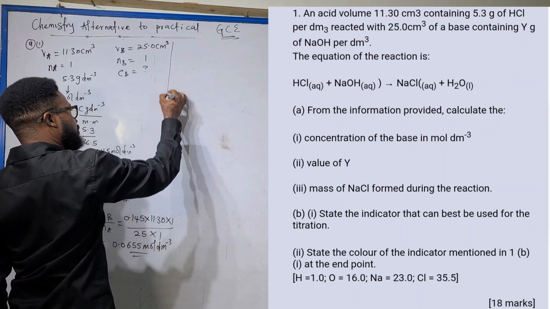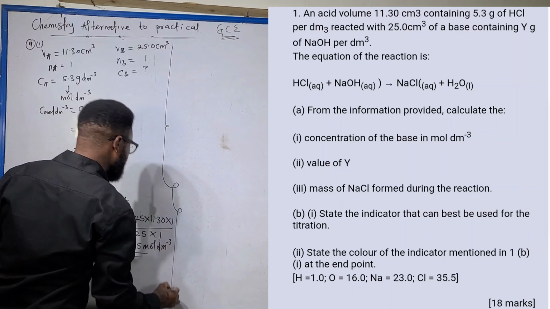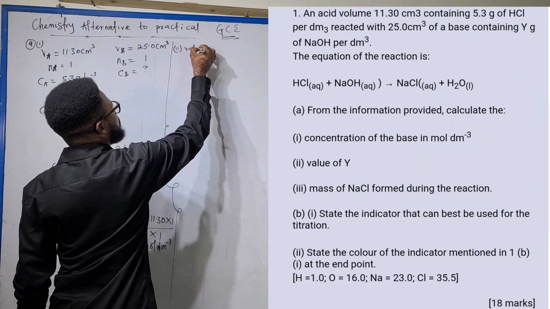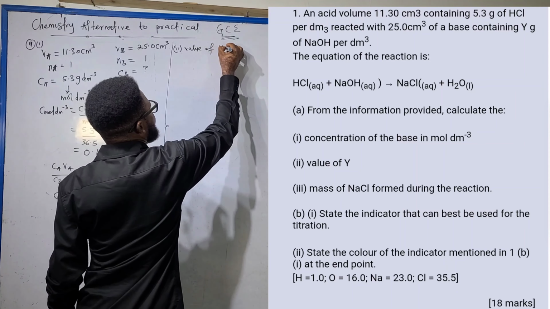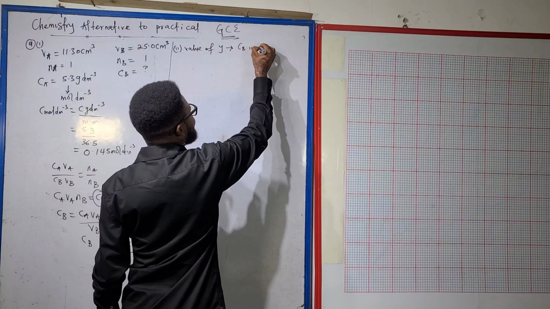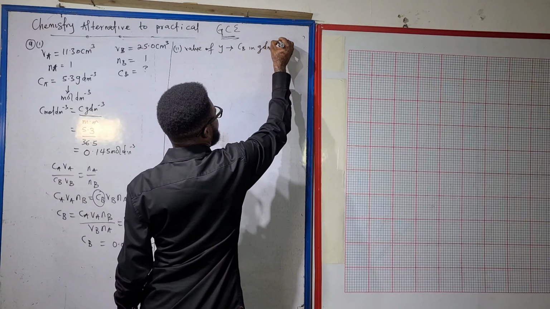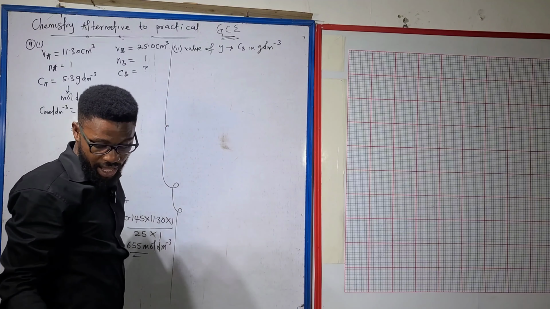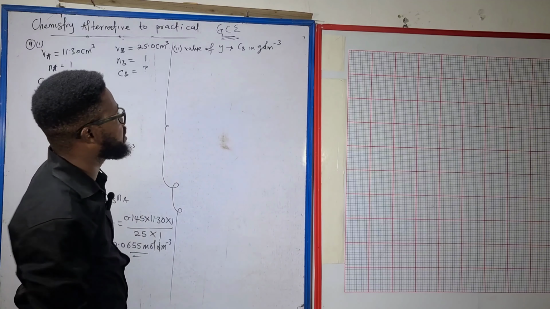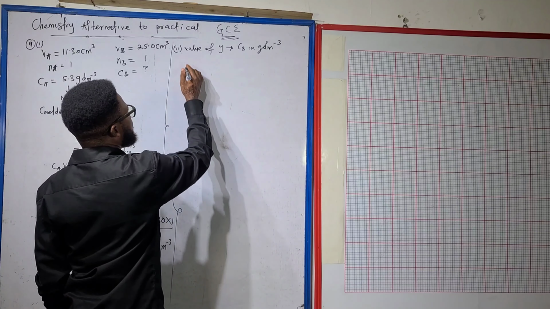Calculating the value of Y simply means finding the concentration of the base in gram per dm cube. Look at the question very well: base containing Y gram of sodium hydroxide per dm cube. So that comes very easy.